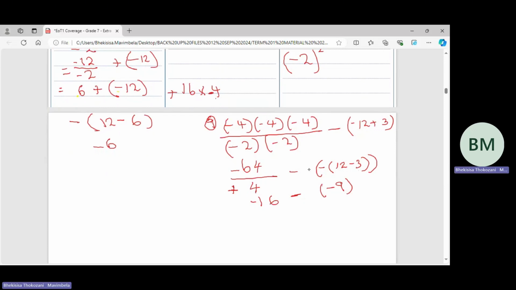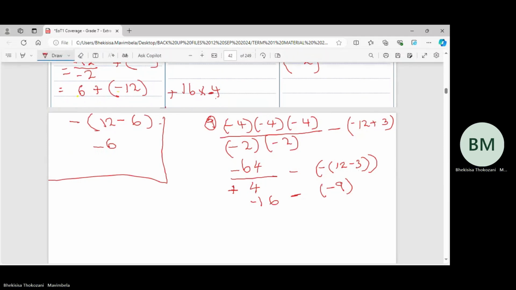Remember this rule, keep, change, flip. Just to make sure that we don't disturb the other one here from that answer, we can use the rule keep, change, flip there. All right, let's do that.